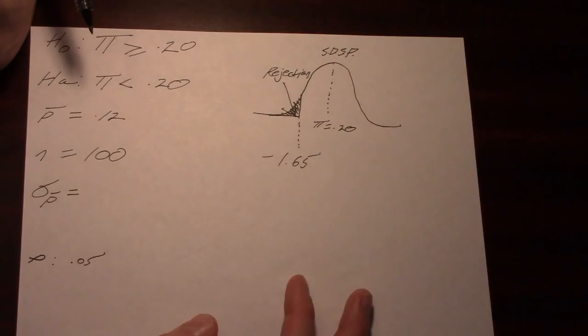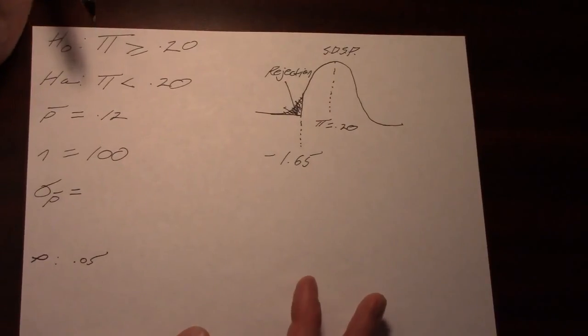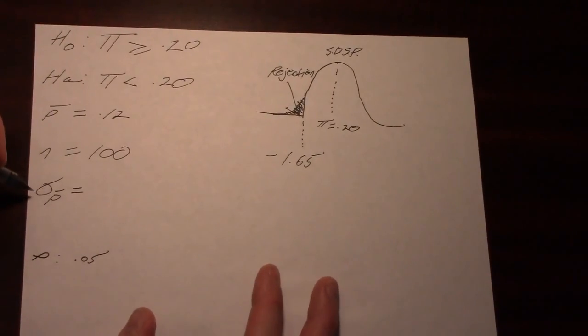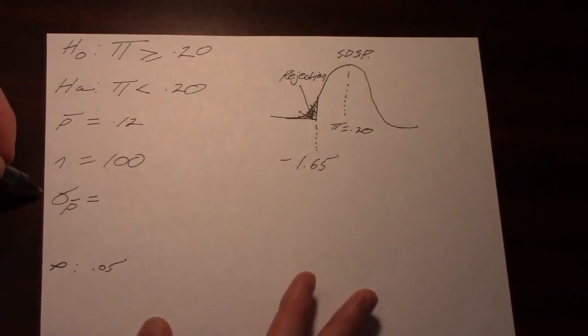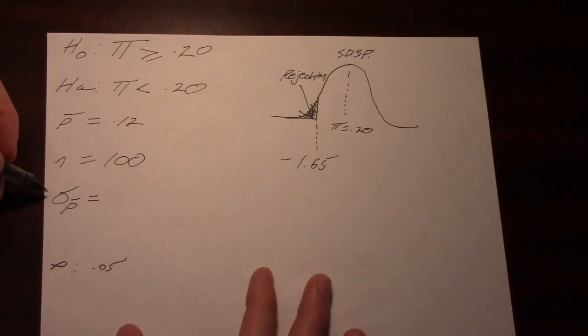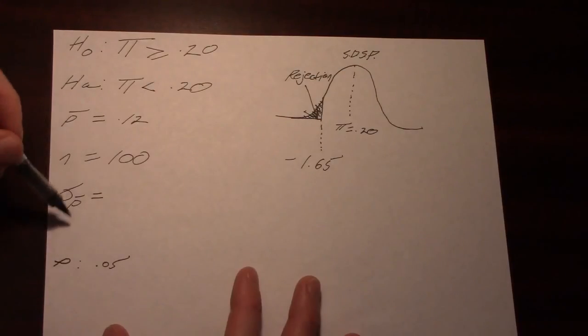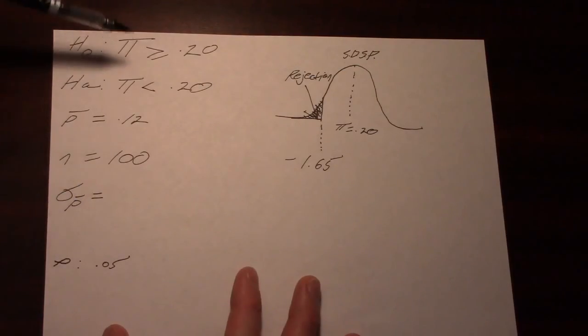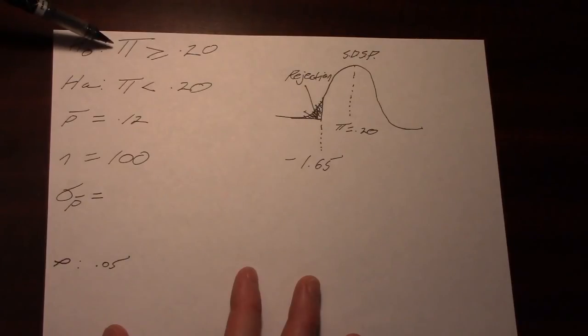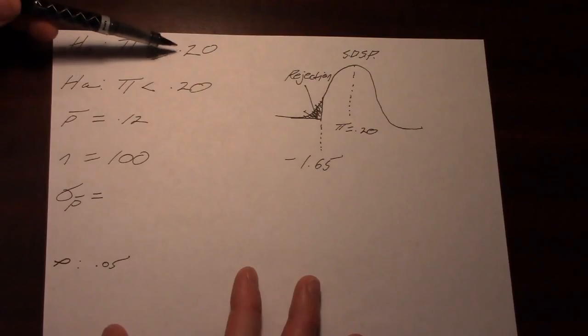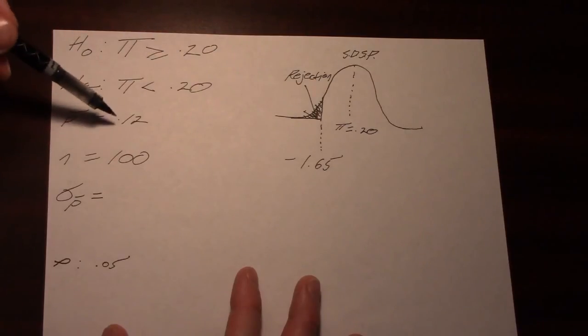Okay, well, let's go ahead then and calculate the standard deviation of our sampling distribution of sample proportions. Now, if you recall from a couple slides ago, the proportion we're going to use to calculate this is the assumed population proportion under the null hypothesis. It's the 20%. We're not going to use the 12% to calculate the standard deviation.